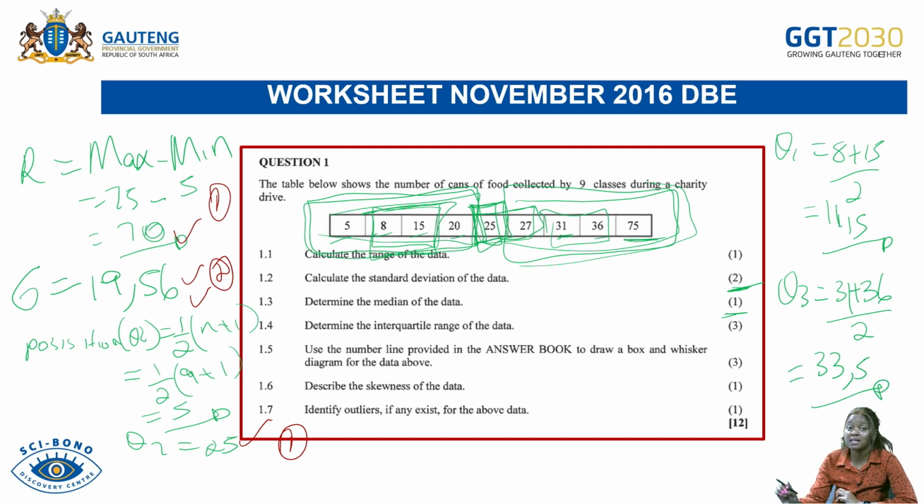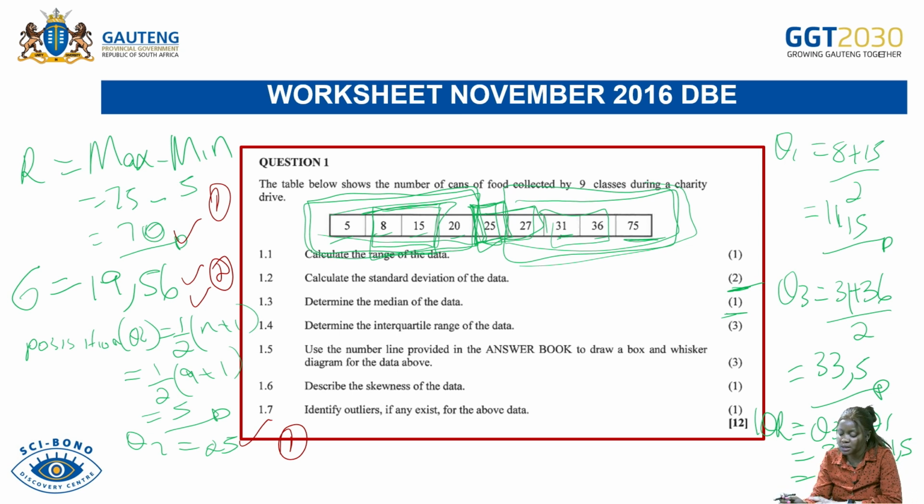You are not done. They said find the interquartile range. So you say the interquartile range, which is IQR, it is given as Q3 minus Q1. And then Q3 is given as 33,5 minus your Q1, it is 11,5. So you say 33,5 minus 11,5, you will get 22.